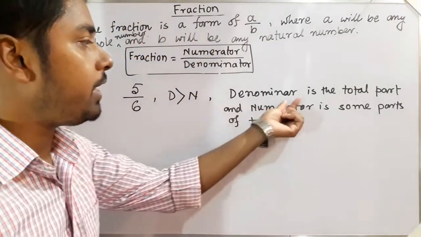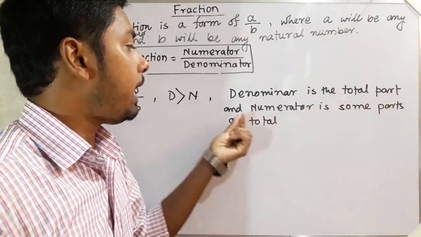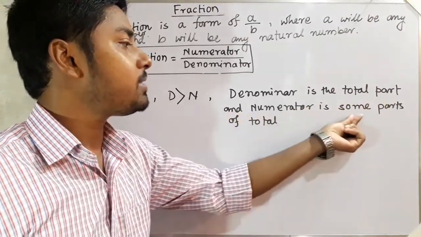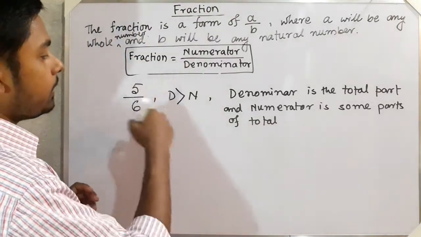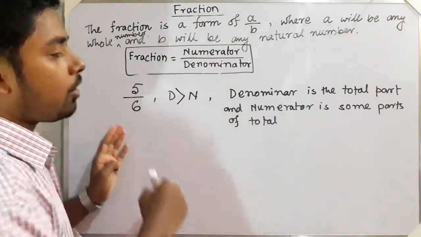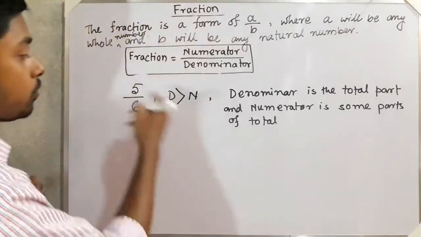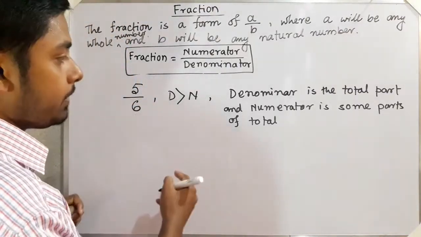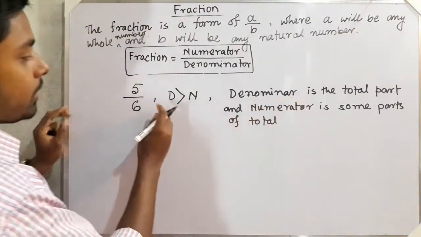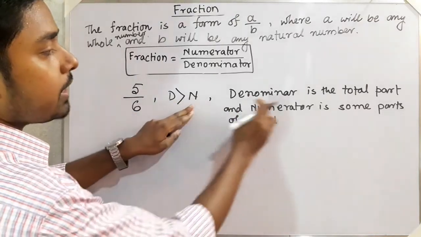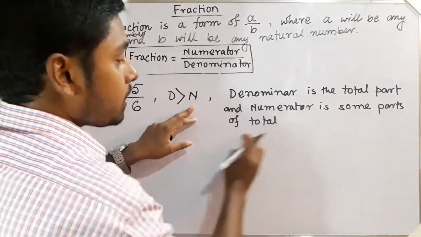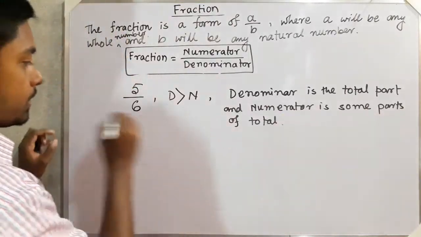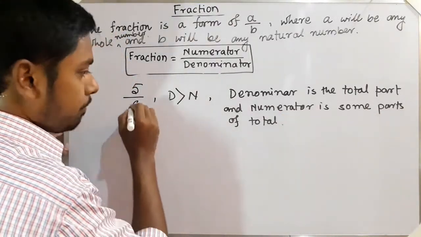Denominator is the total part and numerator is some parts of total. Suppose I am taking the actual clarification of it, then it will be clear what I am telling. Wherever denominator is greater than the numerator, then denominator is the total part and numerator is some parts of total. That means suppose 5 by 6.